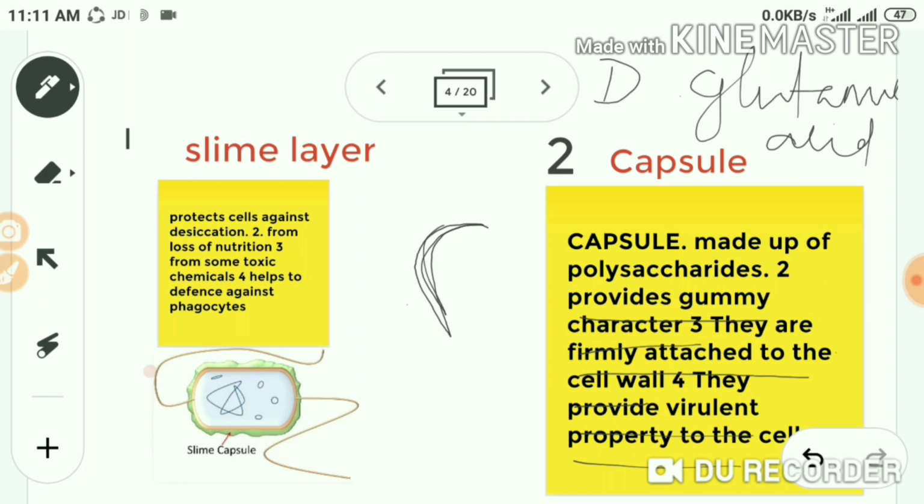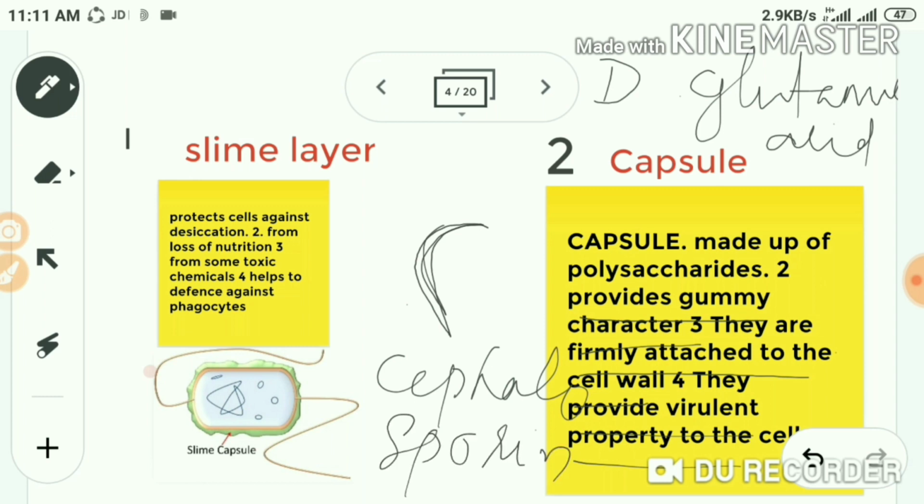There are antibiotics that can kill these forms of bacteria, like cephalosporin. That means these bacteria can be killed by certain strong antibiotics, but normally, compared to other bacteria, they are more resistant to antibiotics.